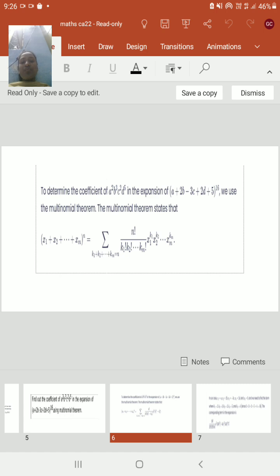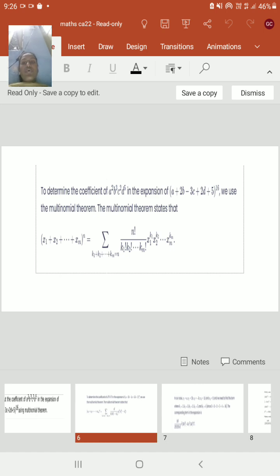What is the statement? (x1 + x2 + and so on + xm) whole power n is equal to the summation over k1 + k2 and so on km = n of n factorial by k1 factorial k2 factorial and so on km factorial, into x1 power k1 into x2 power k2 and so on xm whole power km.